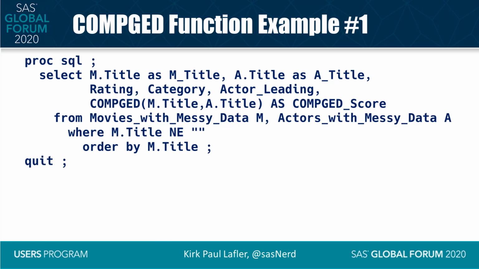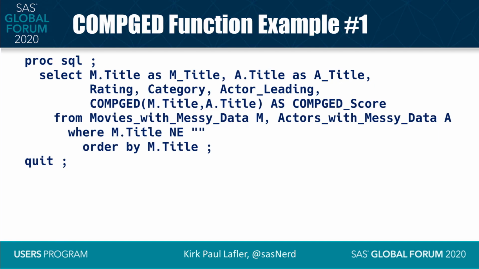Just so we see the full complement of all the different fuzzy matching techniques with SQL, this first example is going to show how the COMPGED function is used in a join process, in this case an inner join process, or an intersect.